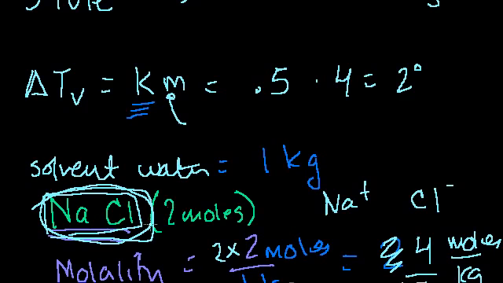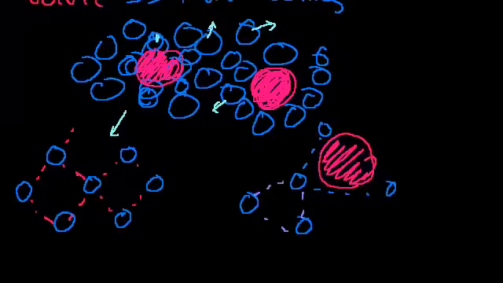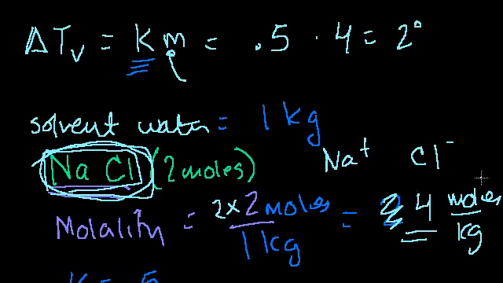Now, if I had 2 moles of glucose dissolved into my water, I would only get half of an increase, because the molality would be half as much, because it doesn't turn into 2 particles.